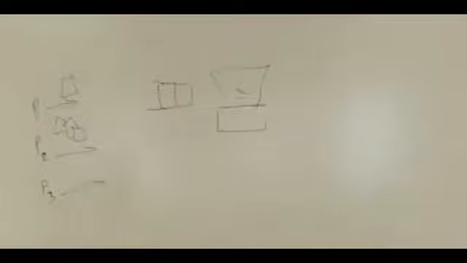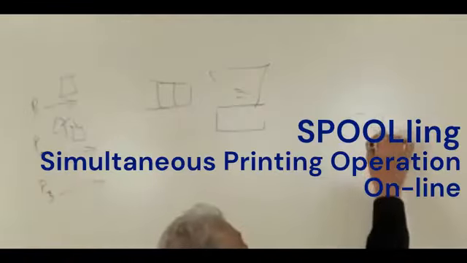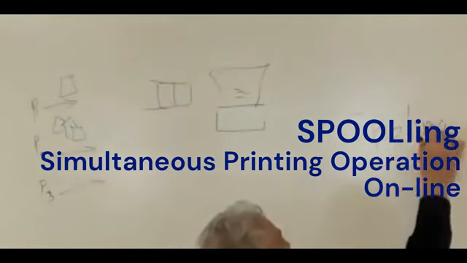But this waiting is what causes the start of a deadlock. Whenever we have waiting in our system, somebody's waiting, maybe another wait can develop into a circular wait, and we have a deadlock. That's one of the conditions. So can we get rid of this? Yes, and they use a technique called spooling.